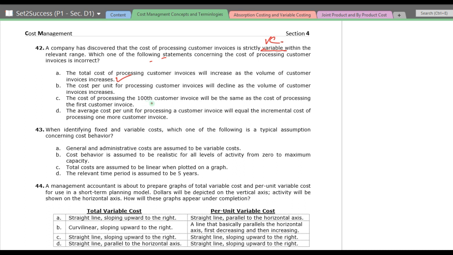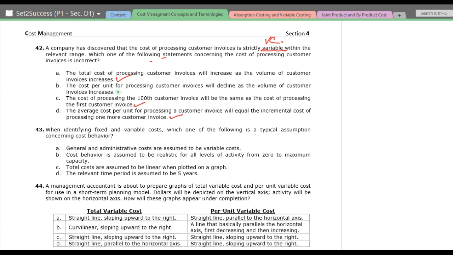The cost of processing the 100th customer invoice will be the same as the cost of processing the first customer invoice. Yes, this is also a true statement. The average cost per unit for processing a customer invoice will equal the incremental cost of processing one more customer invoice. This is also true. So the incorrect option is that the cost per unit for processing customer invoices will decline as the volume of customer invoices increases.